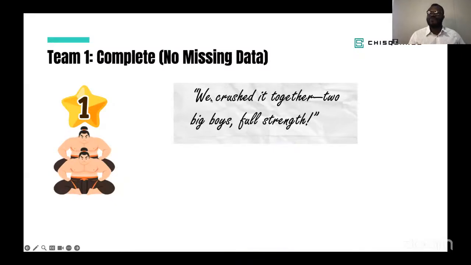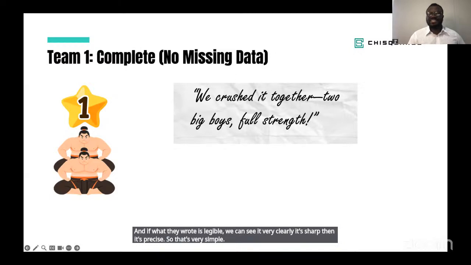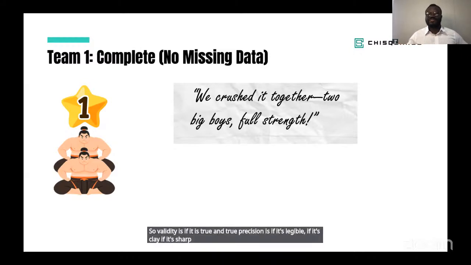Validity is when this is the note these guys wrote after their fight, right? If what they wrote is correct, then it's valid. And if what they wrote is legible, we can see it very clearly, it's sharp, then it's precise. So that's very simple. Validity is if it is true, and precision is if it's legible, if it's clear, if it's sharp, right?